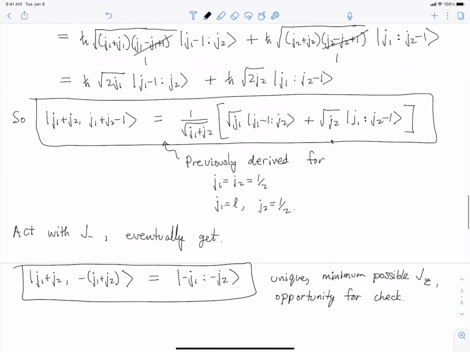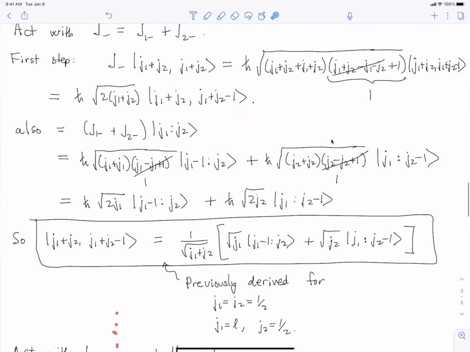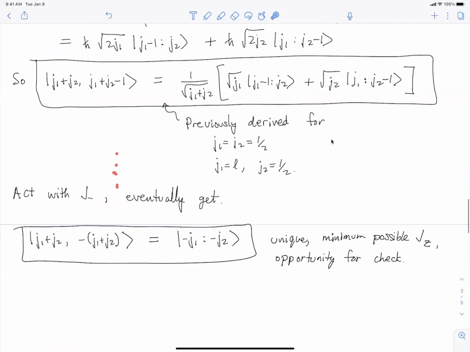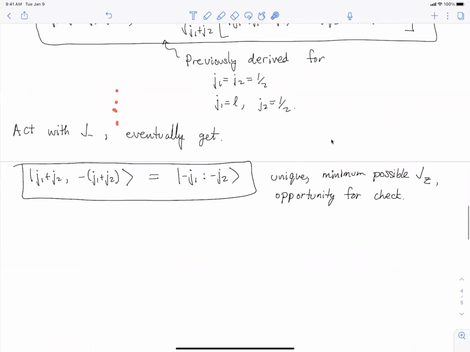So now if we stare at this, we realize that we've got all the states that have total angular momentum J1 plus J2. There's these ones, and then there's the ones in between. And there was this one back up here. Okay, and so we can say that we are done with total angular momentum J equals J1 plus J2.